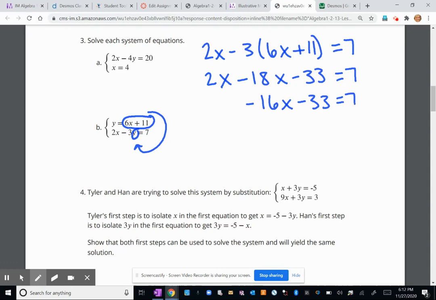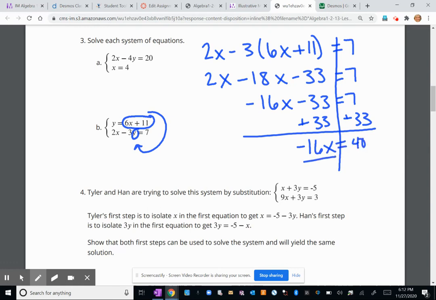And then now I can actually put my line down here so that I keep the equations balanced. I'm going to add the 33 over. Negative 16x equals 40.